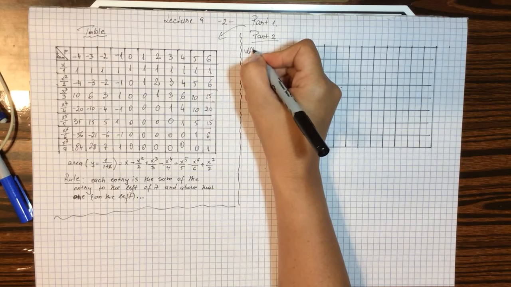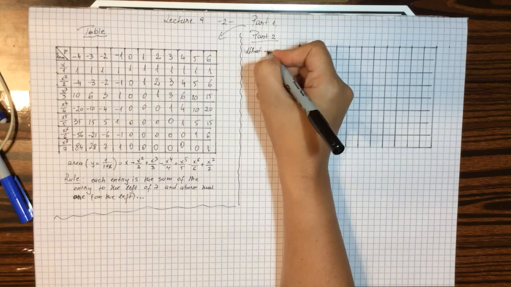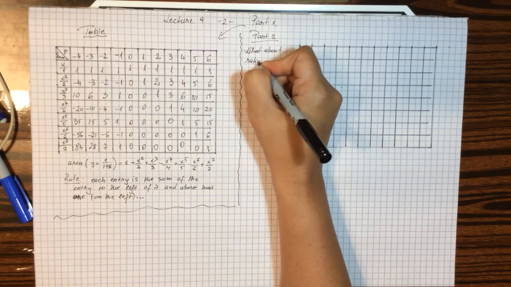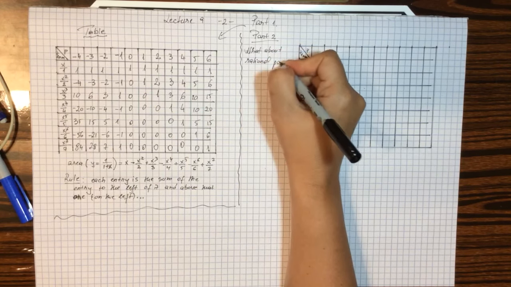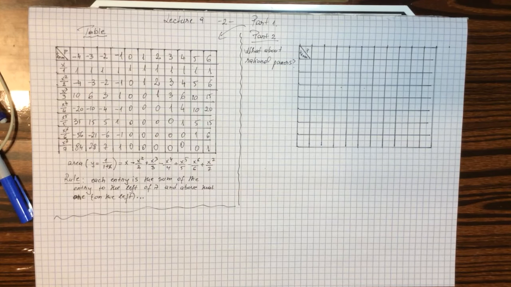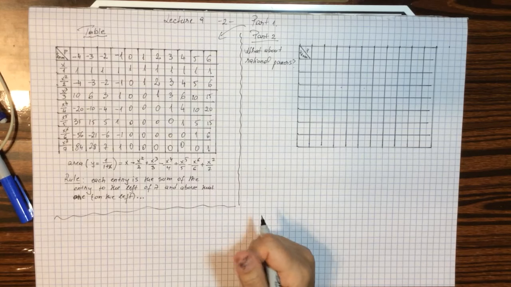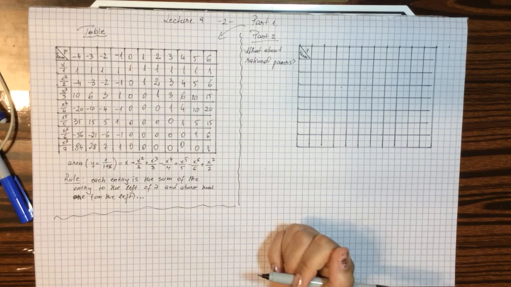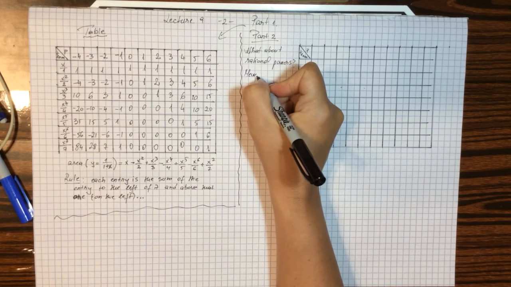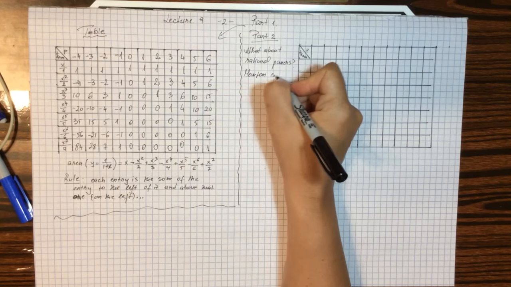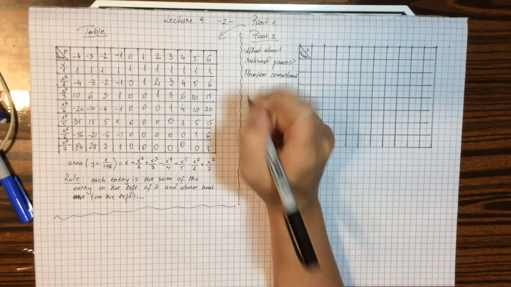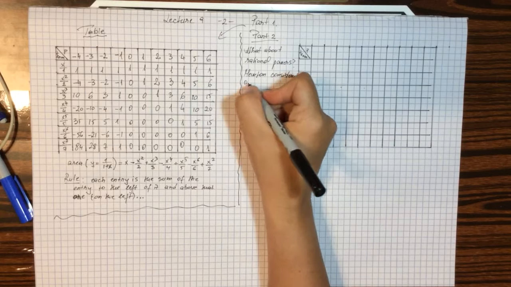So what about rational powers? Okay, so for this part, Newton considered the areas under the following functions.